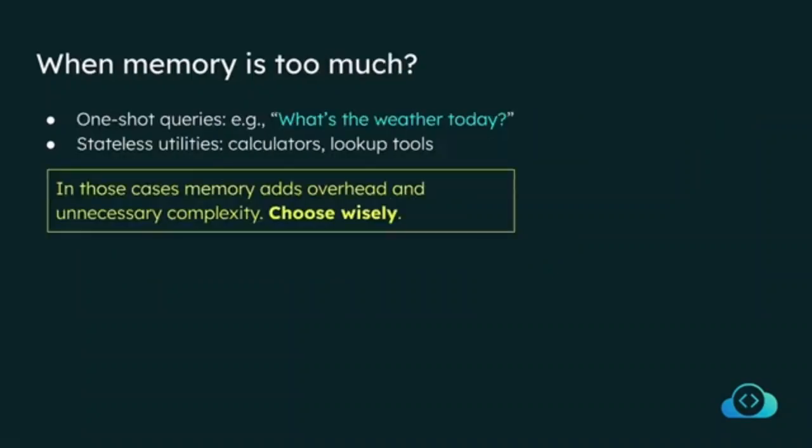All right, so let's talk about when memory is a bit too much. And this question sort of resonates with the very first question I asked during the start of this section. And that's something like, what kind of an agent do you want to build? Do you want to build an agent that is a bit chat focused, or a general purpose agent?